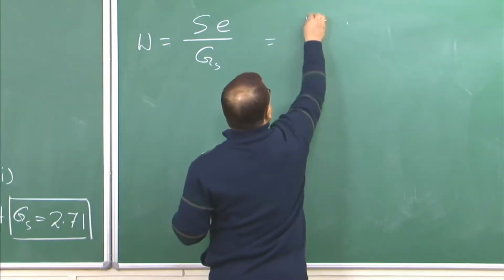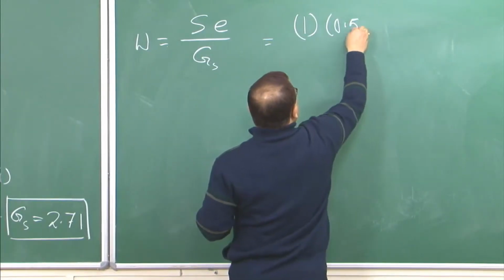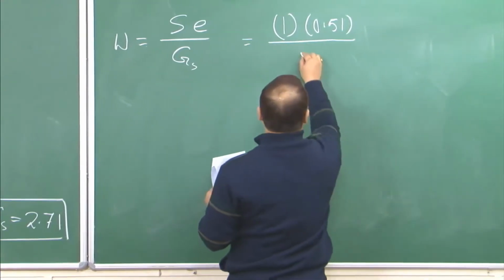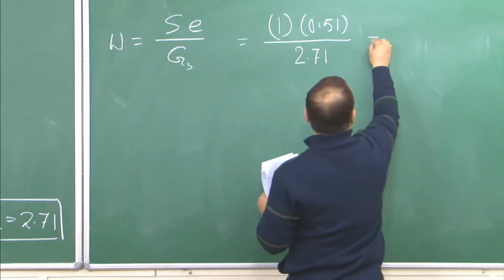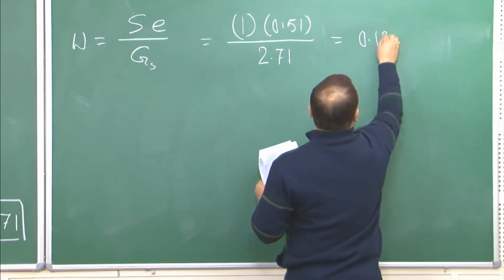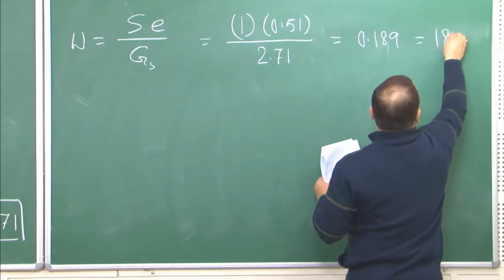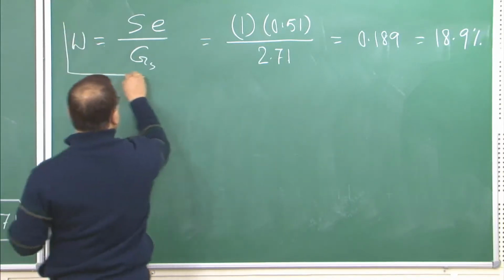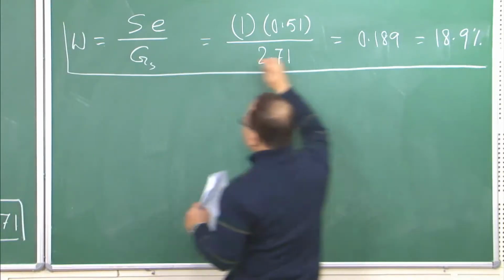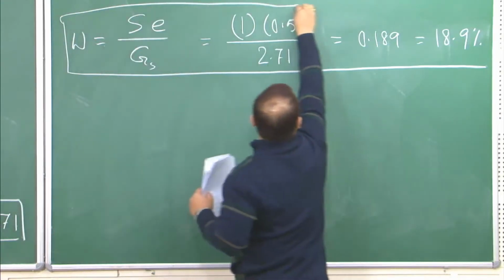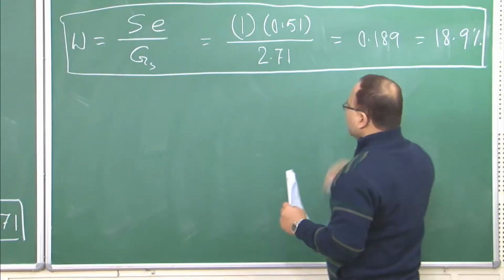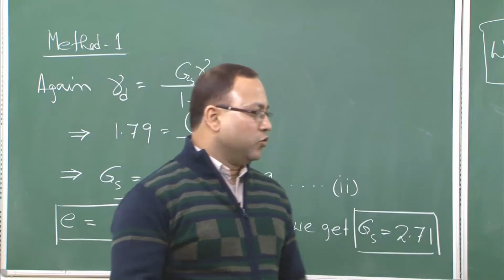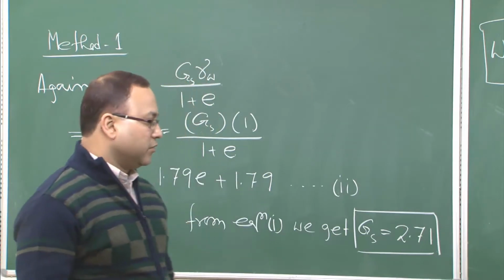So, 1 times the void ratio 0.51 divided by 2.71 comes as 0.189, that is 18.9%. So, you have got all the 4 unknown parameters by knowing those 4 parameters we started with.